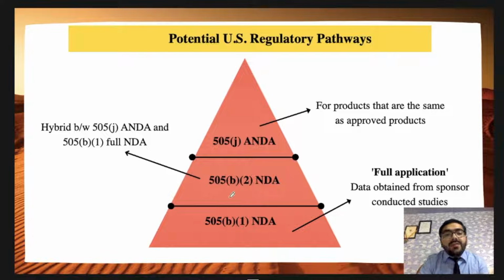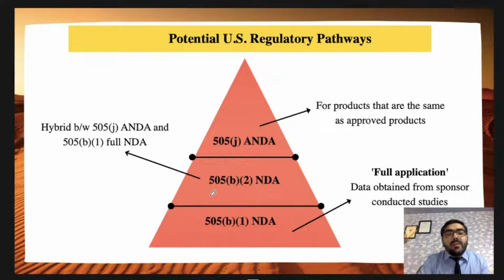Then 505(b)(2) NDA. This is a hybrid. First I will let you know the 505(b)(1) NDA. What is 505(b)(1) NDA? It is a full new drug application, with data obtained from the sponsor conducted studies.